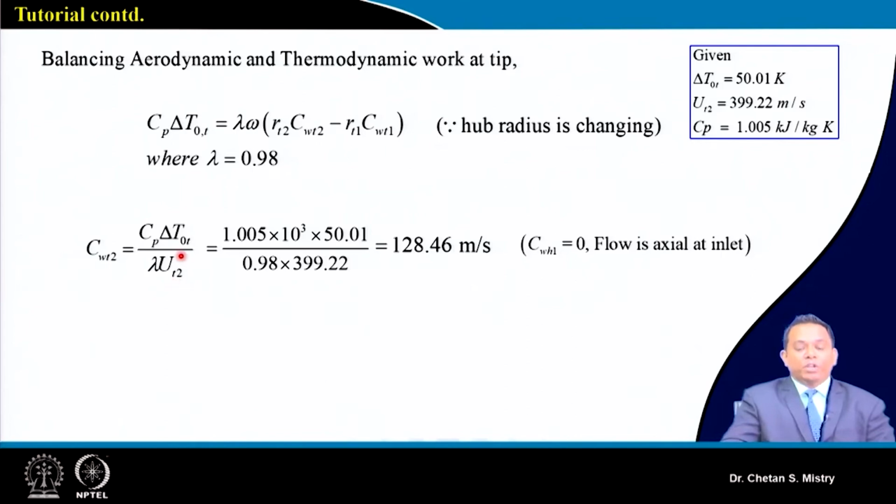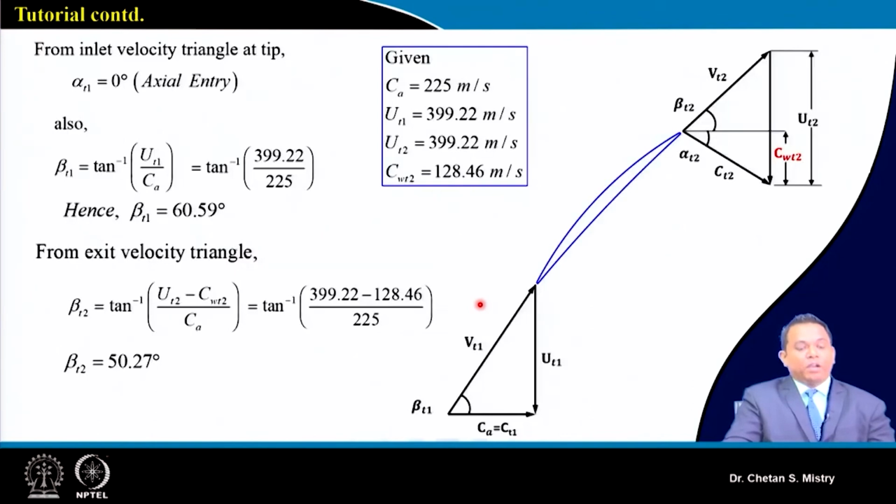So if we put that number in, it says my whirl component at the tip at the exit comes to 128.46 meter per second. Now based on this we can do our calculation for different velocity components near the tip region. So alpha 1, that we are assuming to be 0. We are considering axial entry throughout the span.